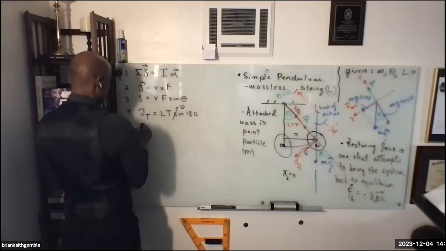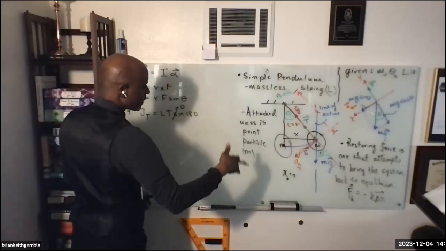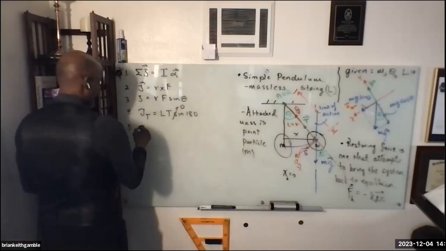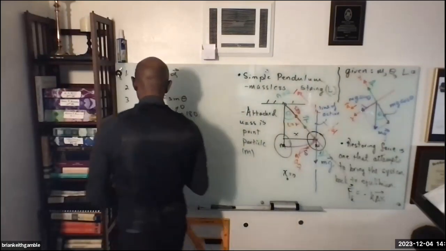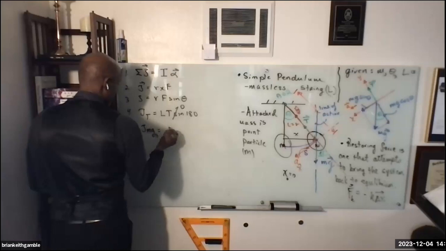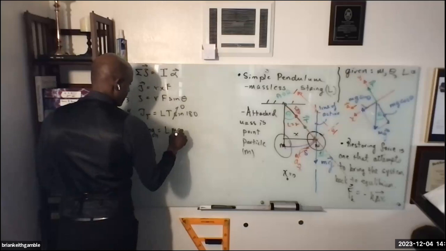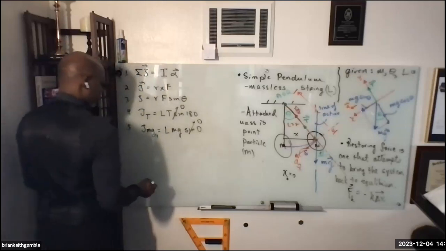And for the parallel component of gravity, because it's parallel to r, pointing in the same direction, mg parallel, L is the r vector, the force is mg, and sine of 0 is also 0. So it doesn't give a torque.